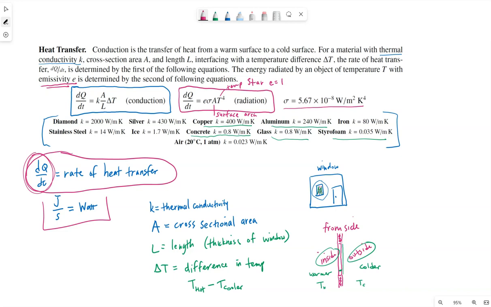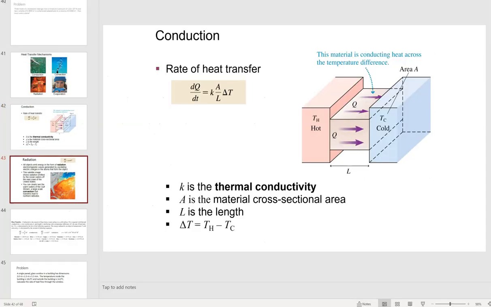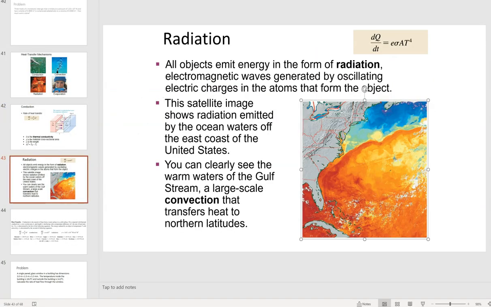We can do that as well. Just for example, if I go back into my PowerPoints, this picture here on this slide is a satellite image, and it's just looking at the emitted light, the radiation coming from the ocean. Now, the light itself, I mean, if you've ever flown in a plane, you don't see reds and oranges and yellows in the ocean.